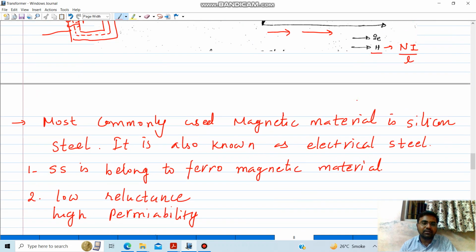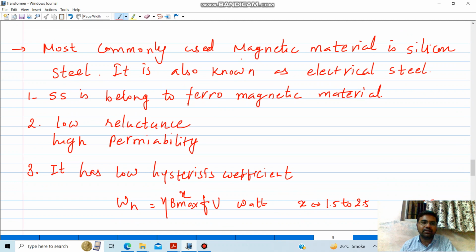Now if we compare various materials, the most commonly used magnetic material in all electrical machines is silicon steel, and this is the reason why it is also known as electrical steel. Now there are features of the silicon steel. Firstly, silicon steel belongs to ferromagnetic material.